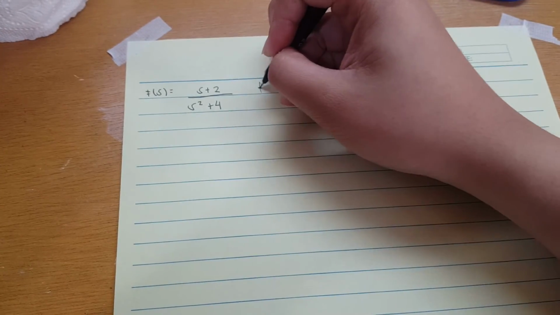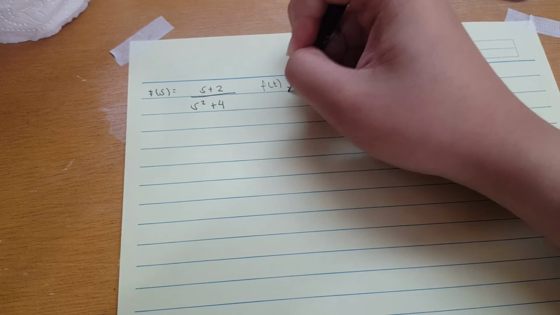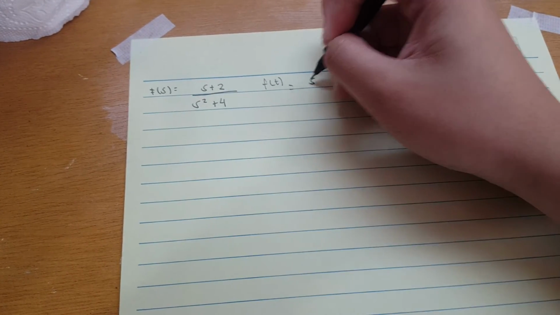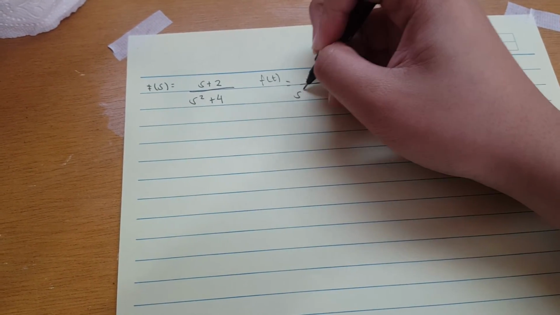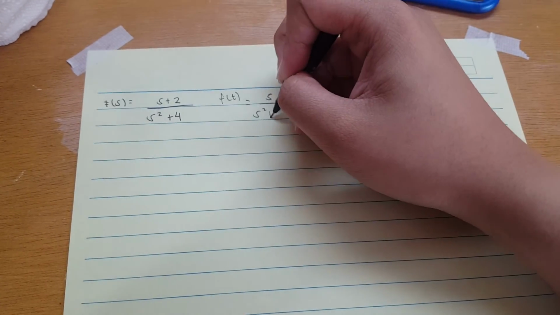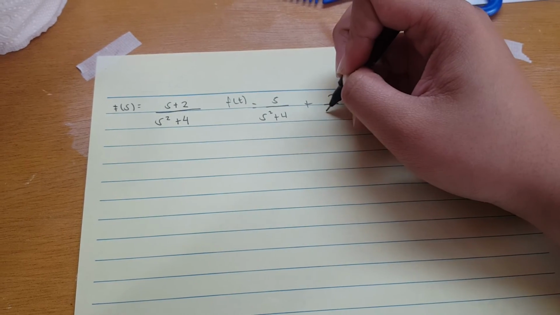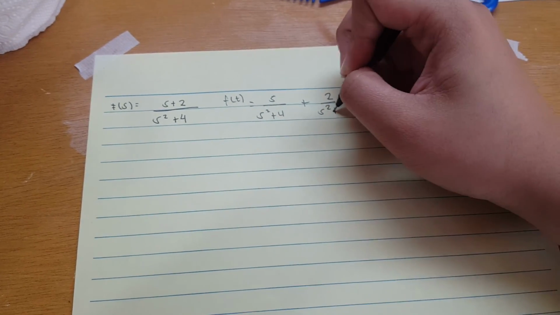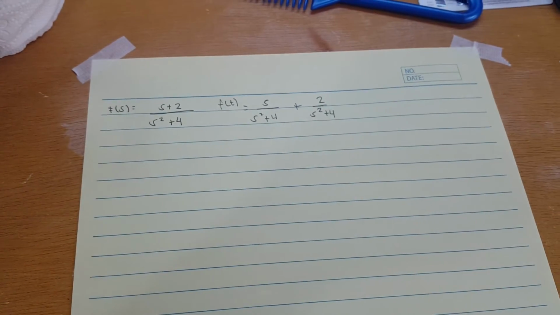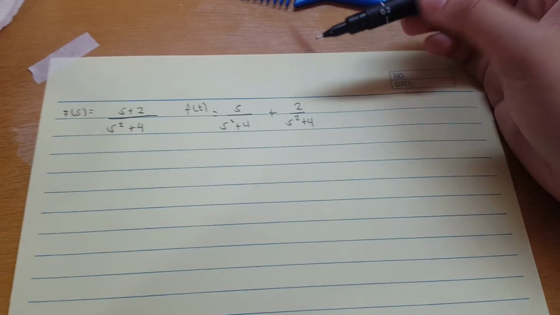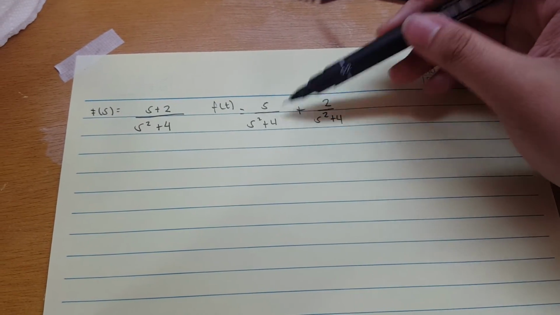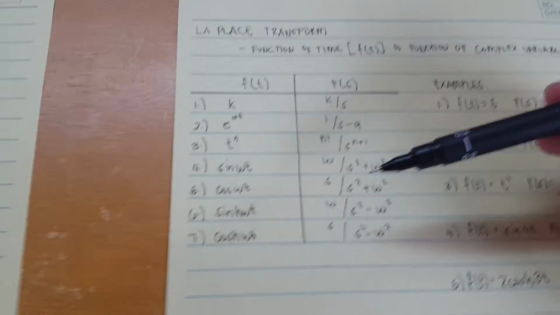So f of t now is equal to s over s squared plus 4 plus 2 over s squared plus 4. With this, you can easily know that these can be found in our chart.